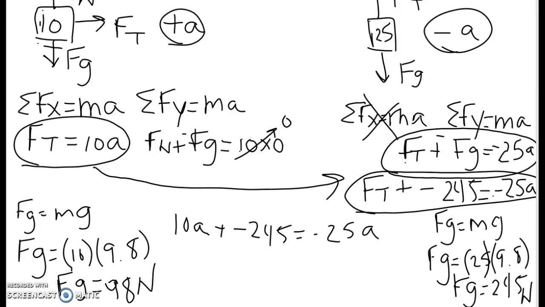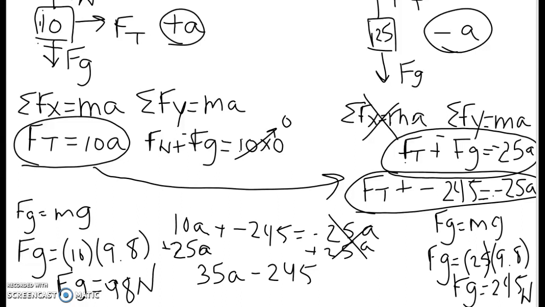Then I can solve this equation for a. So I'm going to add 25a to both sides. That leaves me with 35a minus 245 equals 0.